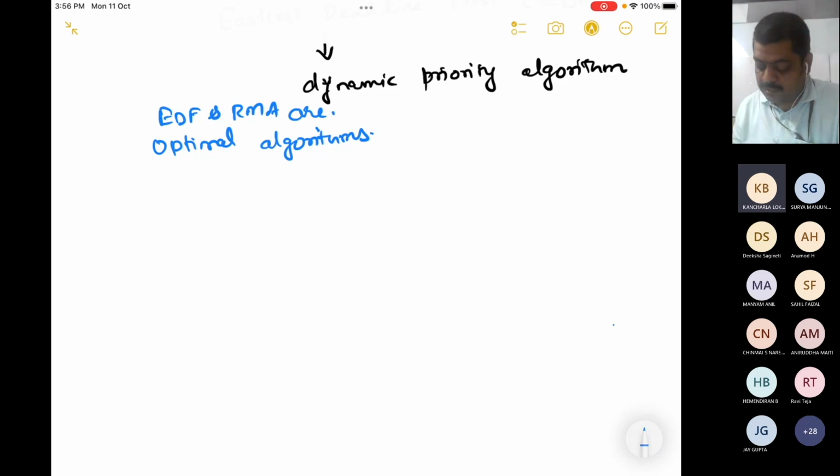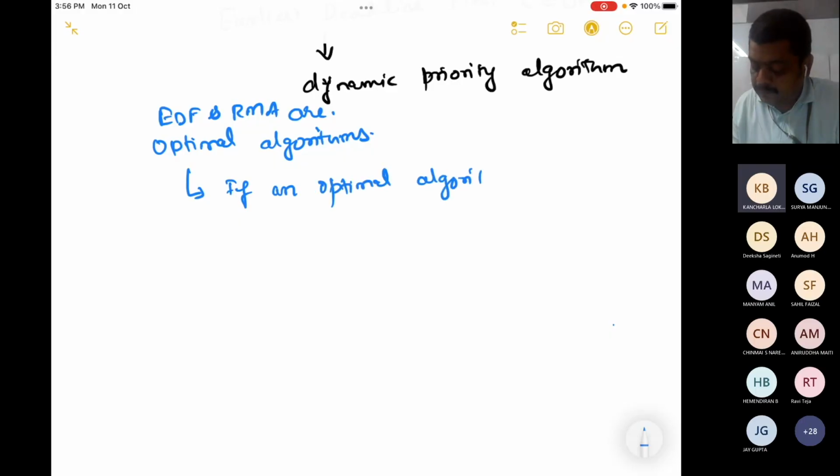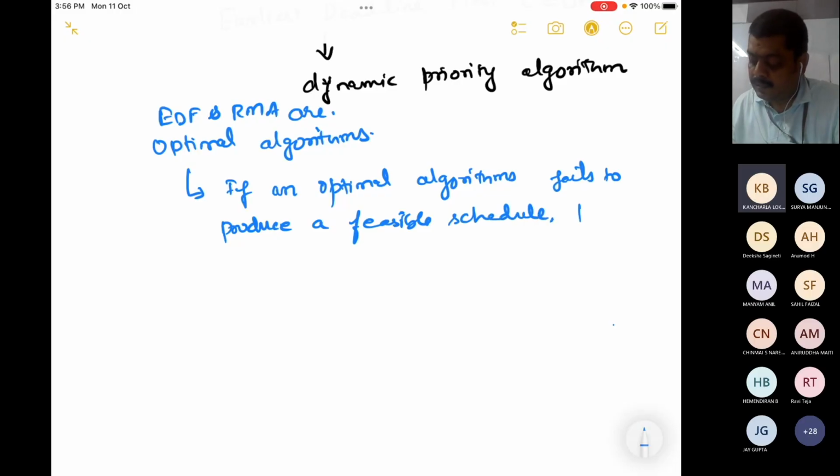What is meant by optimal is, if an optimal algorithm fails to produce a feasible schedule, then no other algorithm can schedule it.